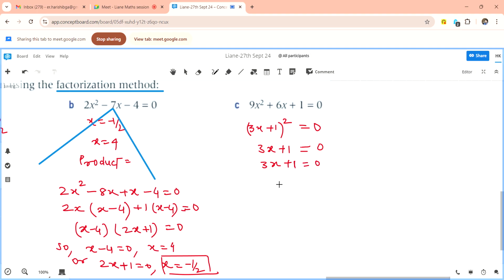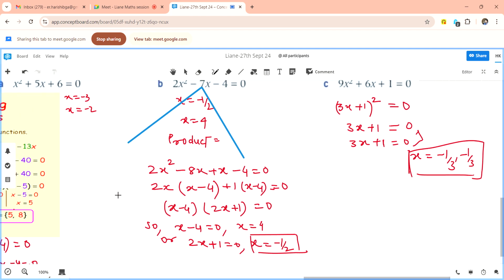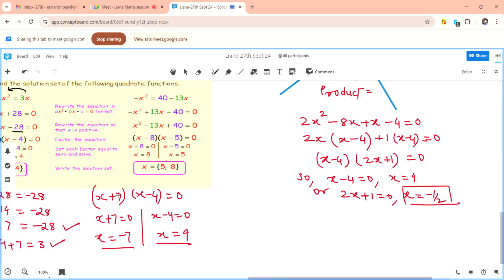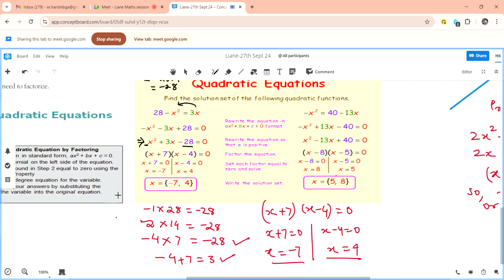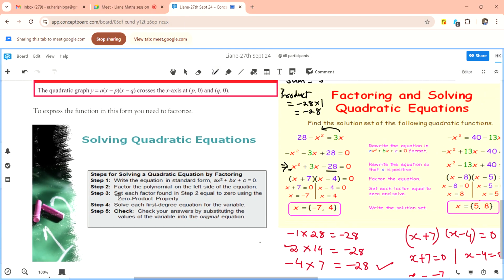So 3x plus 1 is equal to 0, 3x plus 1 is equal to 0. So both of the x values here are x is equal to -1/3. So the two solutions of the quadratic here are actually -1/3. Okay, are you getting this? Yes.